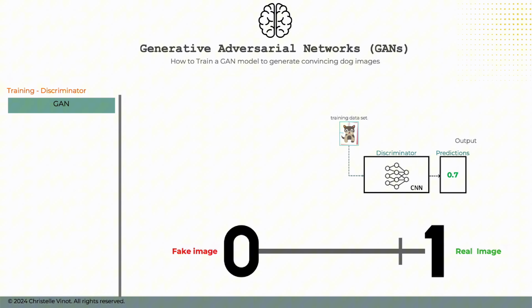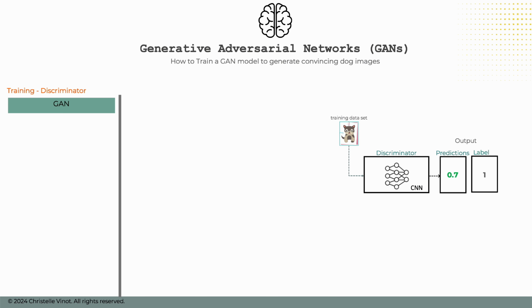Now, you might wonder, how can the model even know what's real or fake in the first place? Well, during the training process, the algorithm labels real images with a 1. This makes the discriminator's training kind of like supervised learning, because it's learning to tell the difference between real and fake images using these labels.